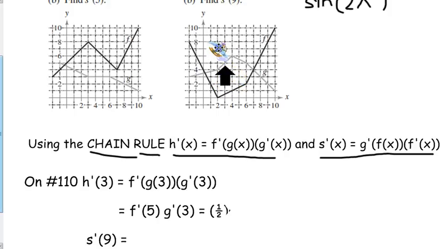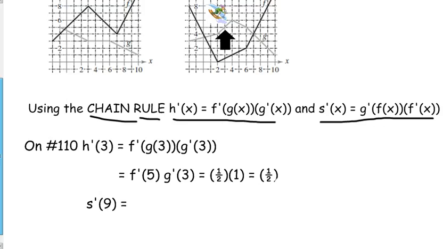And the slope there looks like up 1 over 1. So I think that g prime of 3, the slope of function g at the x value of 3, will be 1. And so when I simplify this, I get 1/2 times 1. That gives me 1/2 for this entire expression here.